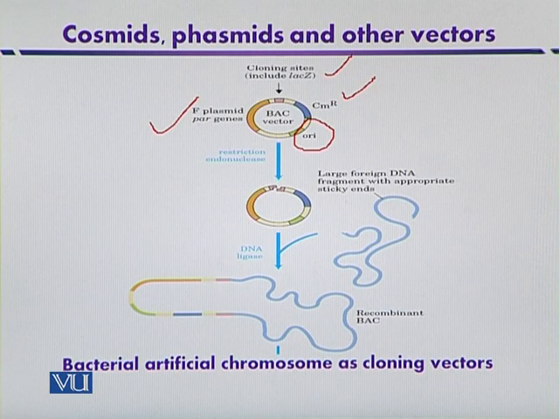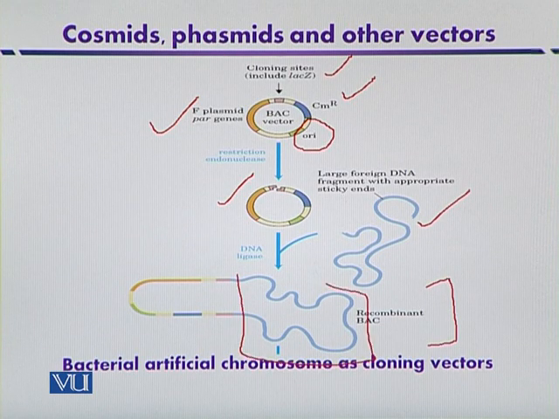This BAC is digested with an appropriate restriction enzyme so that cohesive ends may be produced, and then the foreign DNA is also digested with an appropriate restriction enzyme to produce cohesive ends. Then they are ligated together so that recombinant bacterial artificial chromosomes are produced, which indicates the insertion of these larger DNA fragments that may be up to 300 kilobase in size.